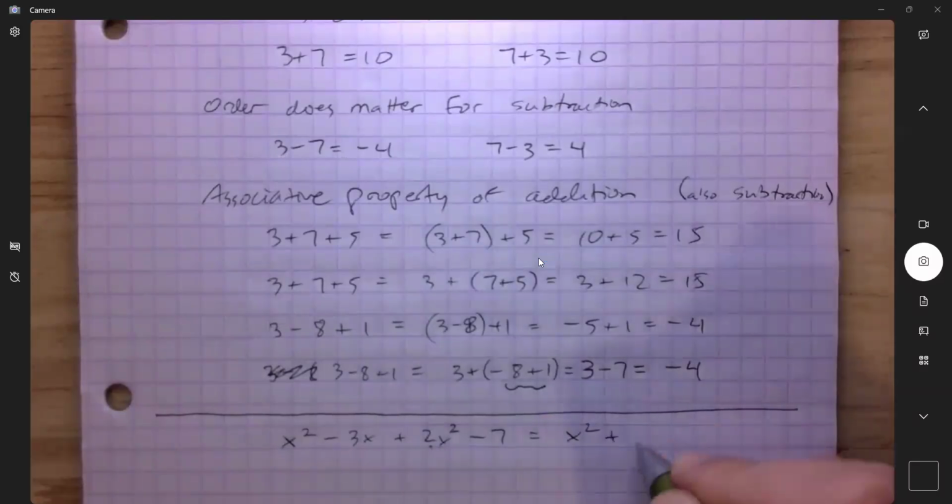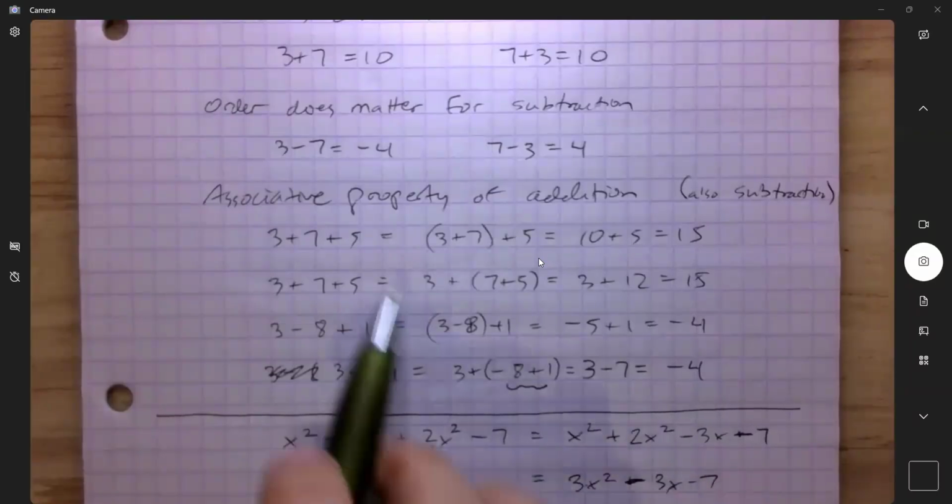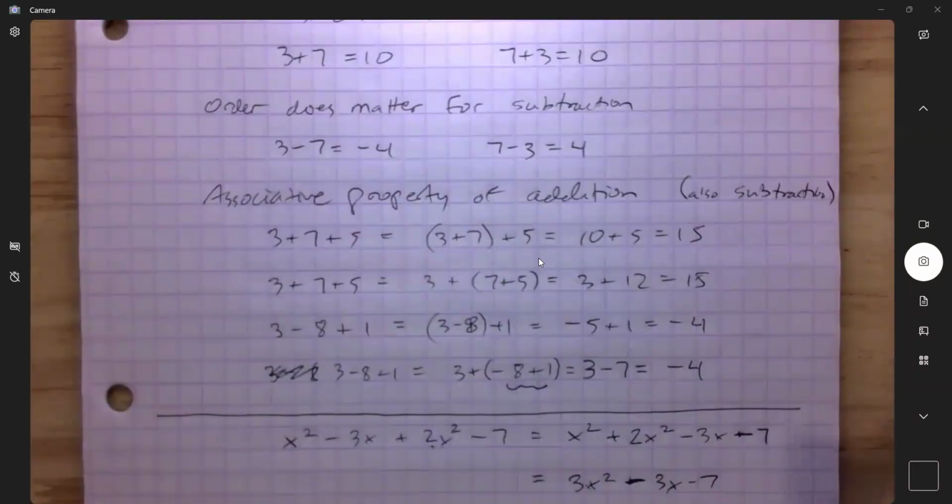I can switch the order of my addition and bring the x squared terms together, which allows me to combine those like terms. That's the main way that these properties help us when working with variables, just being able to switch things around and do things in different orders.